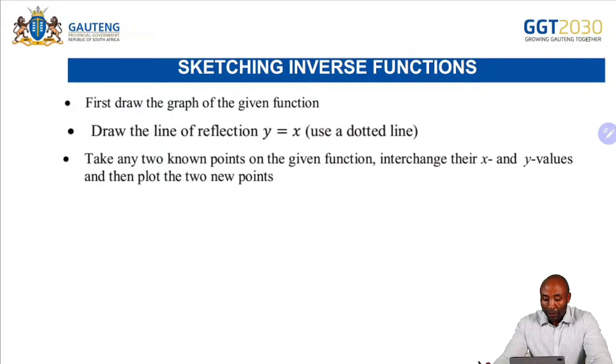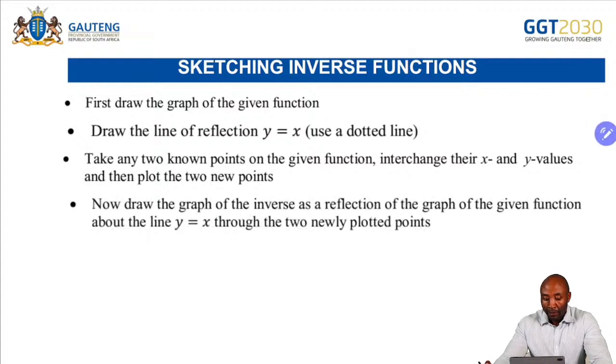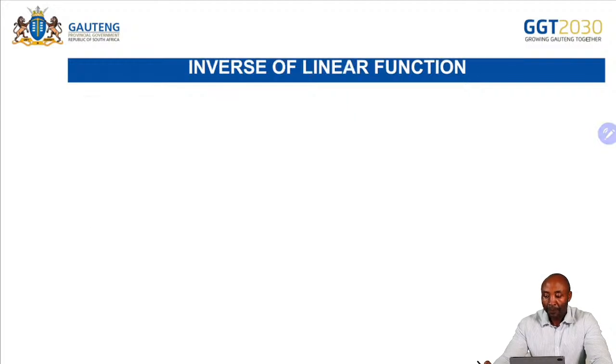And then we take any 2 points on the given function, interchange their x and y values, and plot the 2 points. Now we are able to draw the inverse function, which becomes a reflection about the line y equals x, using the newly plotted points.